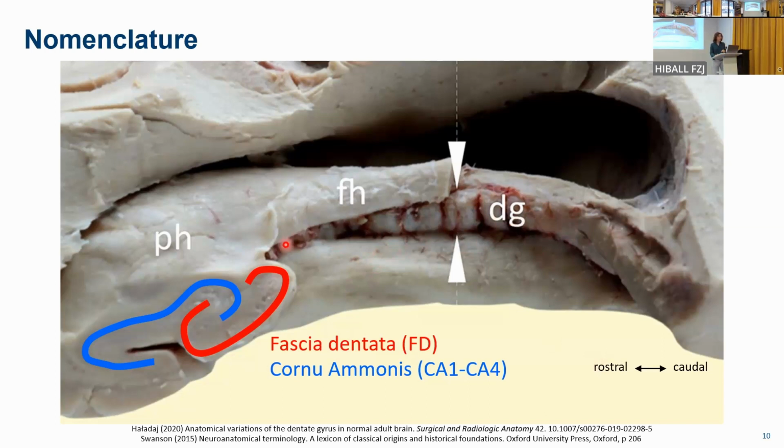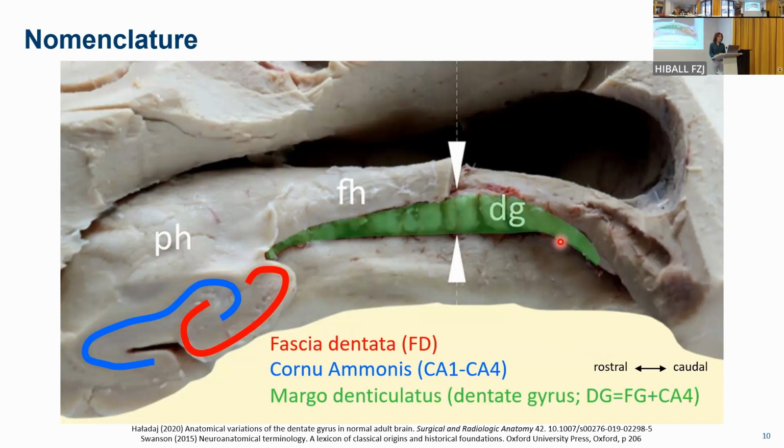So that's why they called this part of the hippocampus, the one that we can see from the outside, macro-anatomically, the margo denticulatus. Okay, so denticulatus is the toothed margin in Latin. That's what margo denticulatus means. And that's what is then nowadays called the dentate gyrus.